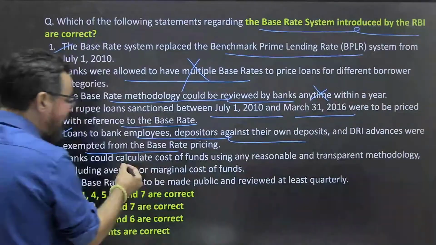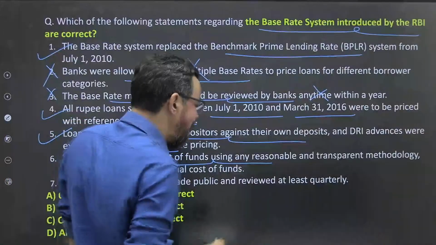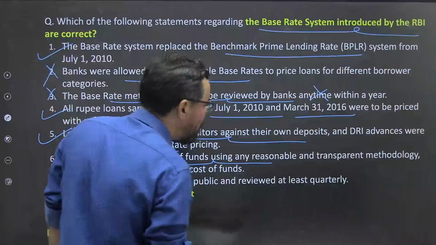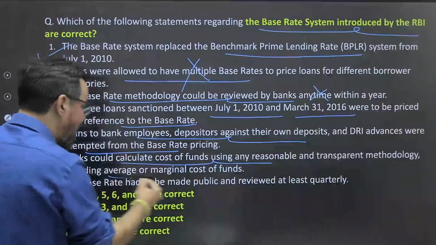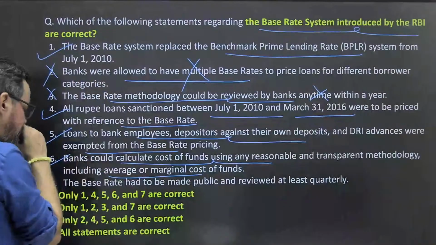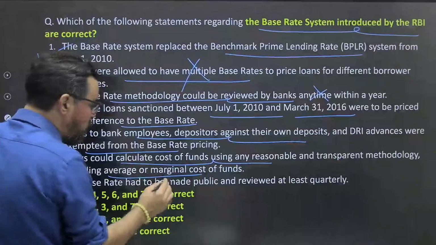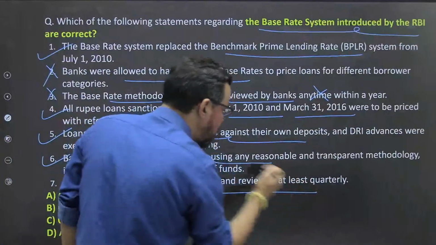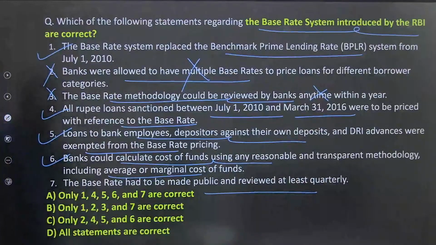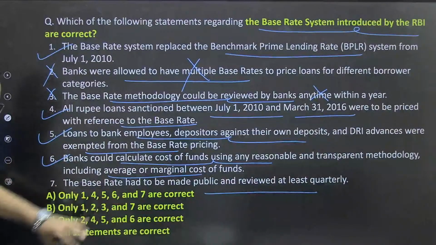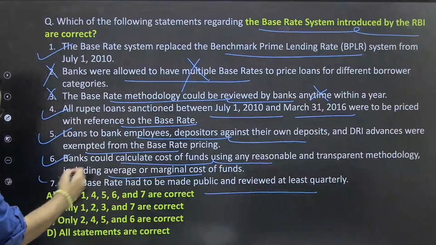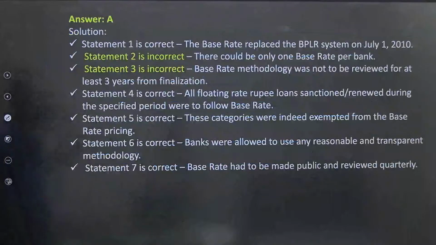Bank could calculate cost of funds using any reasonable and transparent methodology including average or marginal cost of fund. Base rate had to be made public and reviewed at least quarterly. Statement 7 we have to do with this elimination things. 1, 4, 5, 6, 7, that means this is also true. So A should be right answer for this particular one.